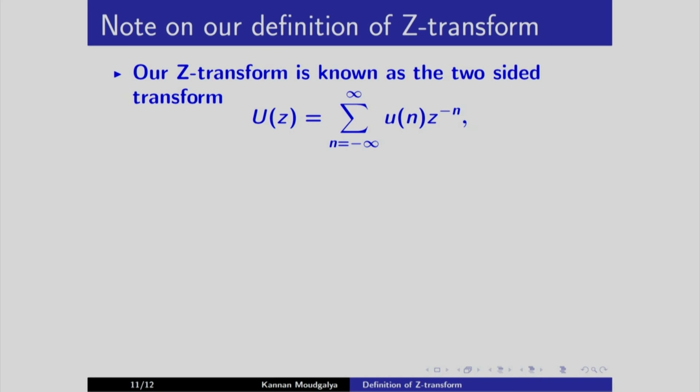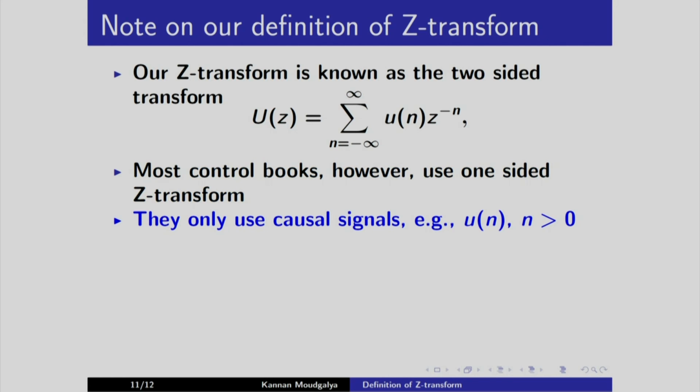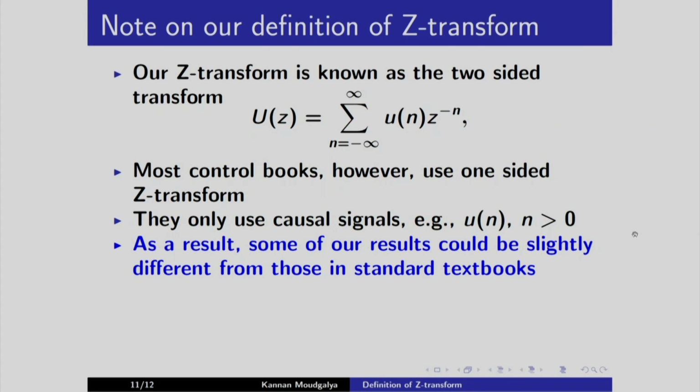You have to remember this. So I would like to add a small note on our definition of the Z transform. Our Z transform is known as the two-sided Z transform because this index goes from minus infinity to plus infinity. Most control books, however, use the one-sided Z transform. That is because they only use causal signals, that is u(n) for n greater than 0, but we use the two-sided Z transform.